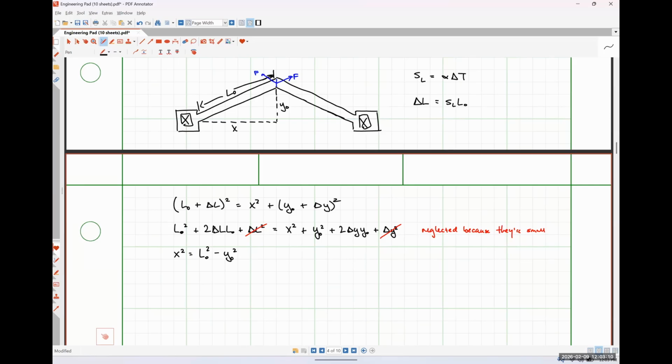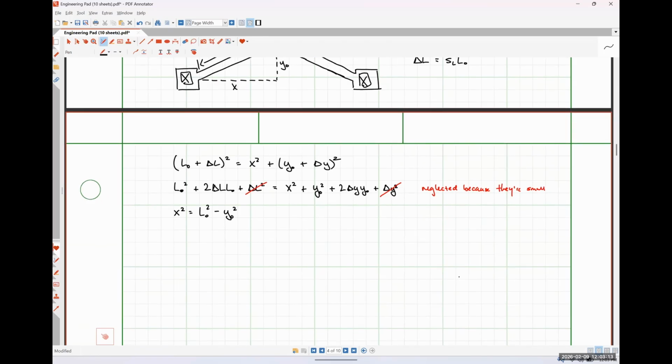Putting that substitution in, I get L naught squared plus twice delta L L naught is approximately equal to L naught squared minus y naught squared plus y naught squared plus twice delta y times y naught.